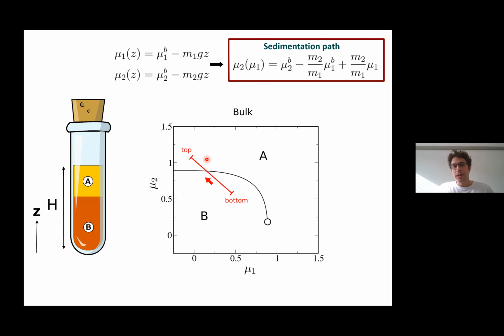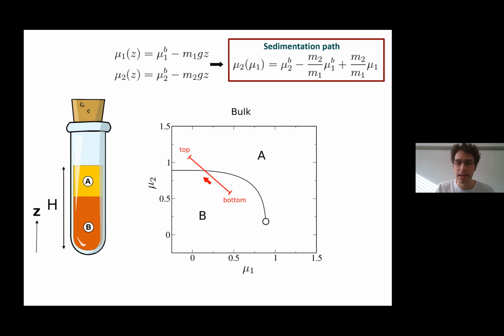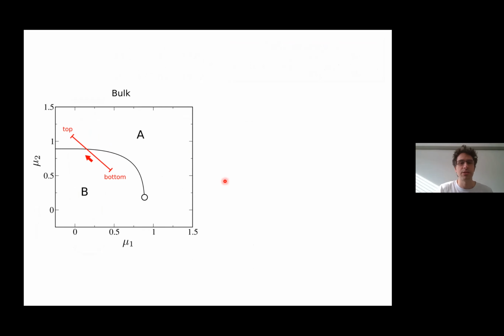So if you want to understand what different stacking sequences you can find under gravity, what you have to do is to group all these possible stacking sequences in some kind of diagram. We call this the stacking diagram, and there are different representations of it.